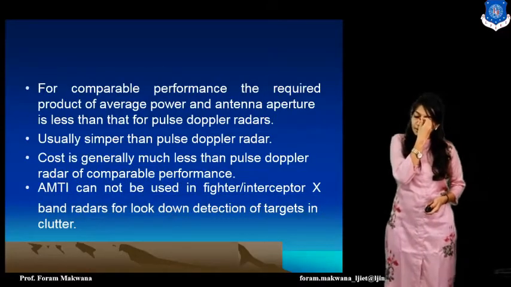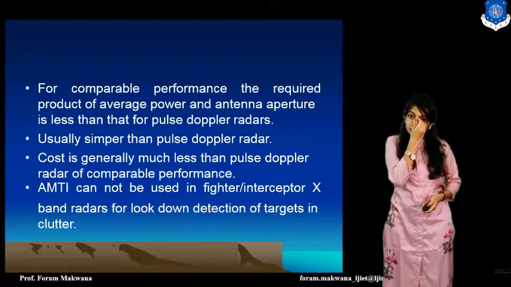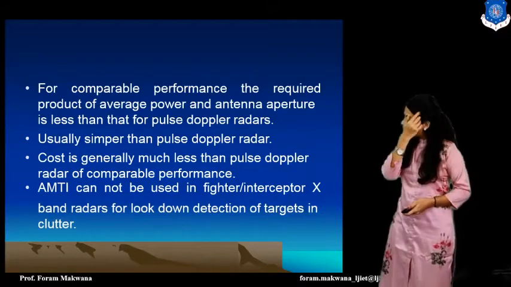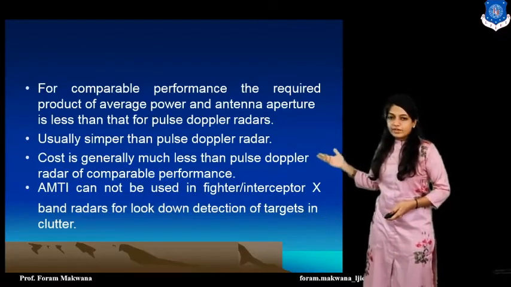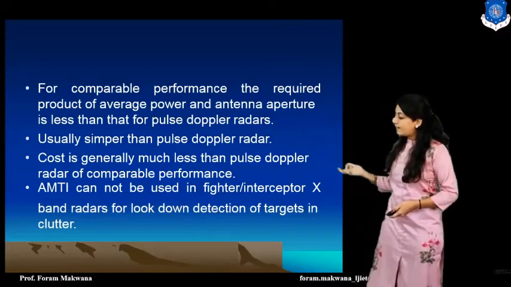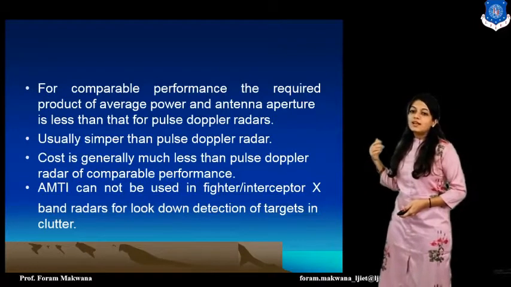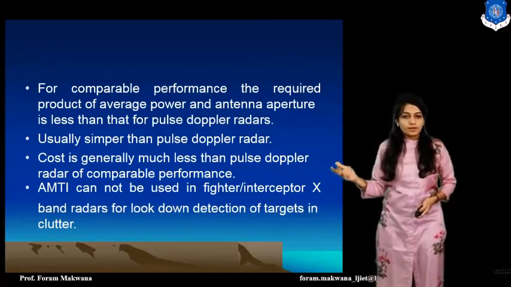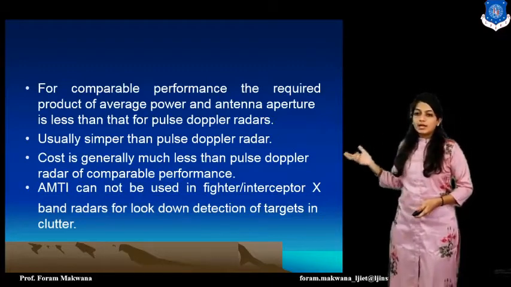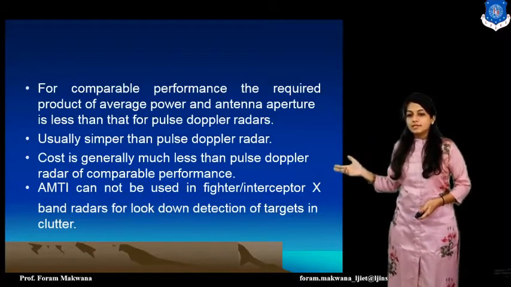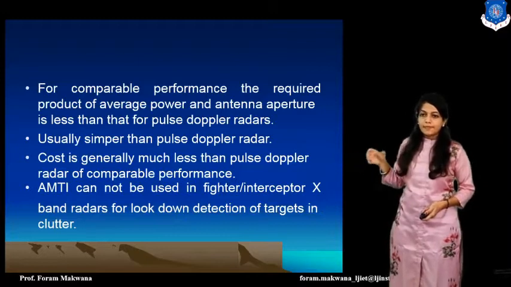If you compare the performance with respect to the product of average power and antenna aperture, it is less than that of the pulse Doppler radar. It is comparatively simple than the pulse Doppler radar.